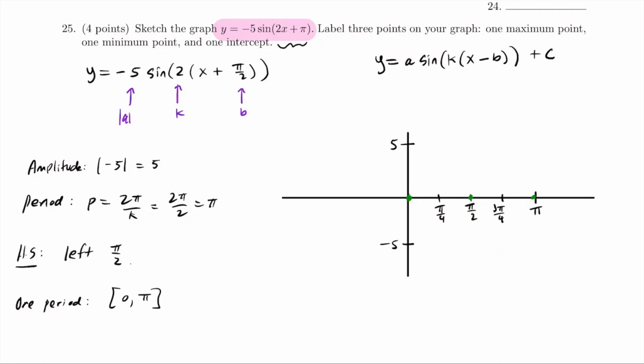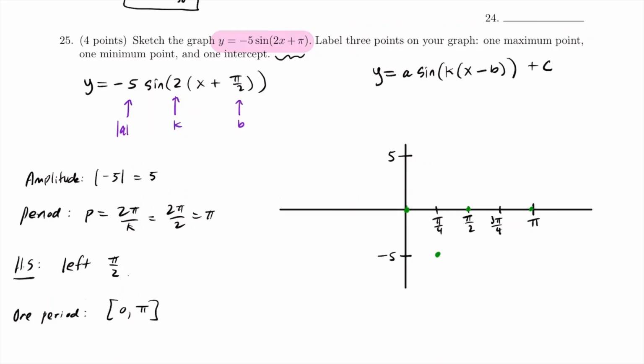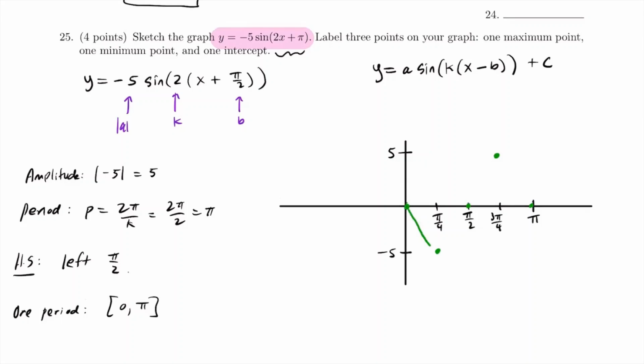So we're going to start at 0, 0, and then right here, and then at 0, and then 3 pi over 4 at 5. So this green is -5 sine 2x. And now we need to shift every x coordinate to the left by pi over 2 units.